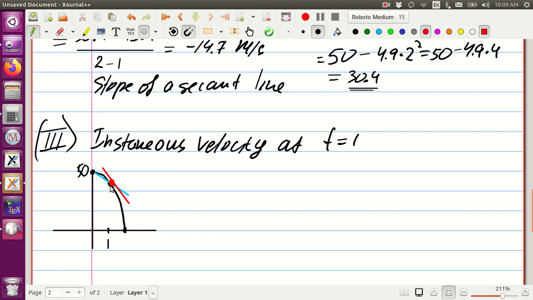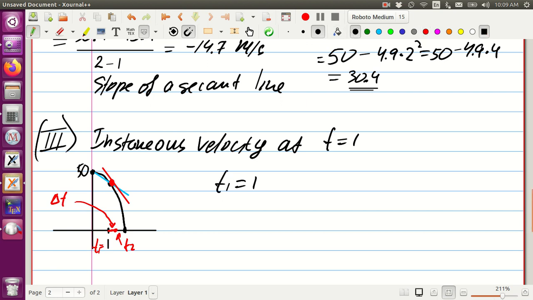All right, so let's try to do the same procedure as we did last time. Let t1 be equal to 1. We're going to make a small step to the right, which will be t2, and this distance over here we're going to call delta t, change in time. Right, so let's try to set it up.